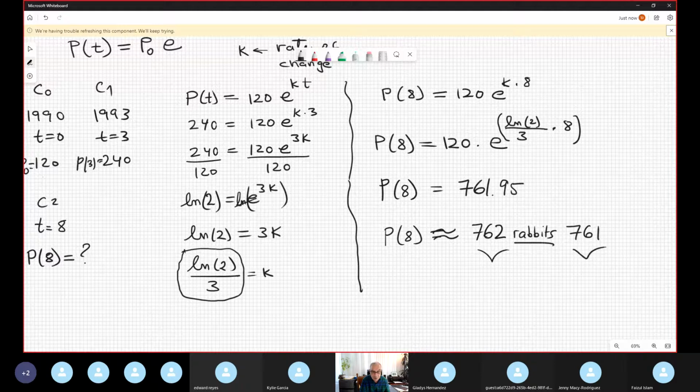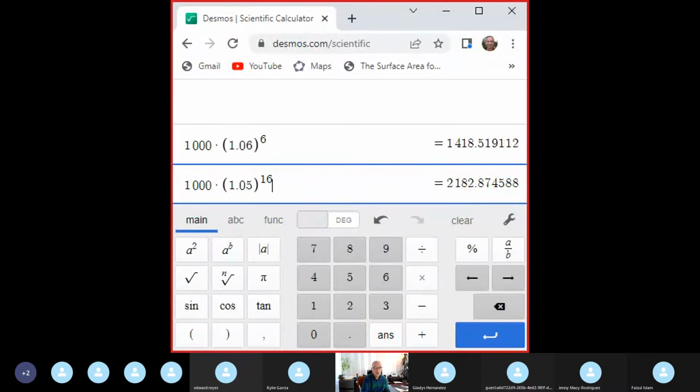Virtual calculator. Let me share with you the virtual calculator. Let me put a background of the whiteboard and virtual calculator. Okay. Do you see the virtual calculator, Camila?